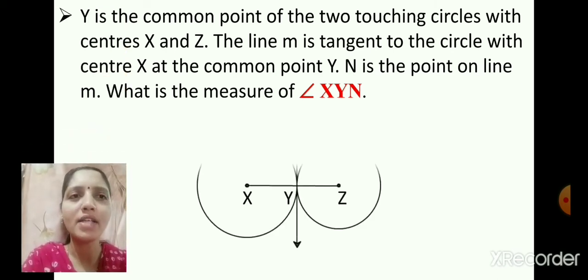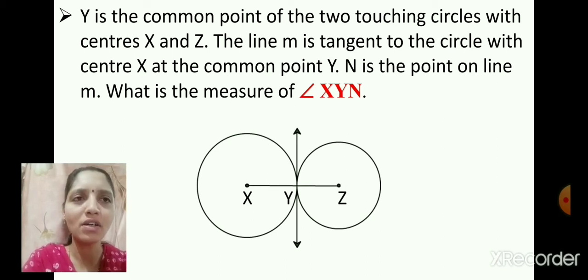Now let's see one example here. Y is the common point of the two touching circles with centers X and Z. The line M is tangent to the circle with center X at the common point Y. N is a point on the line M. What is the measure of angle XYN?